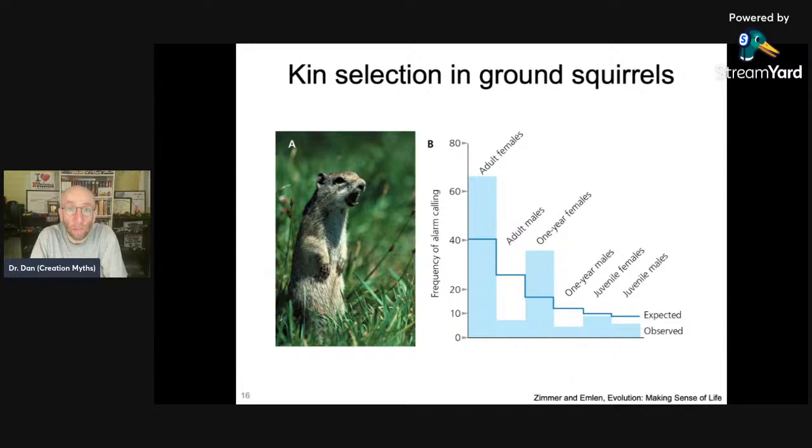And this leads to some very stark differences in relatedness between males and females in the ground squirrel populations. The males are only related to their kids, right? A male comes from another group, mates with a female, and then has kids. So the only genetic relatives of males in these populations are their direct offspring and their grandchildren if they live long enough. If they have female kids, then they have grandkids.